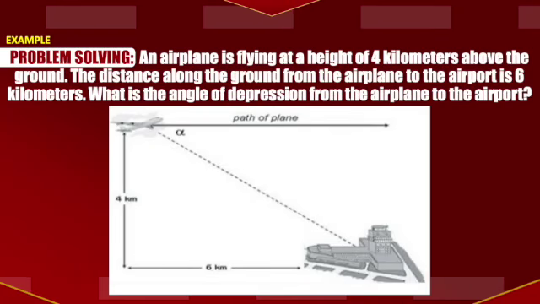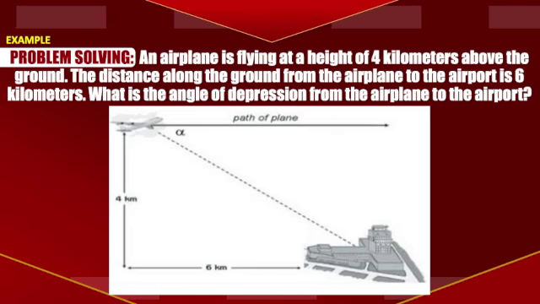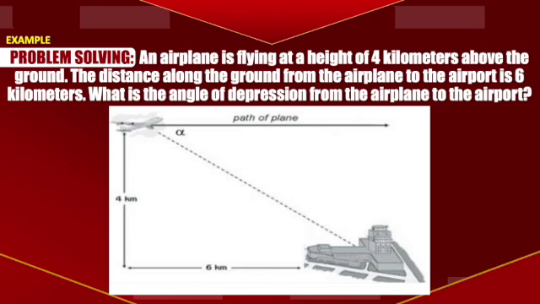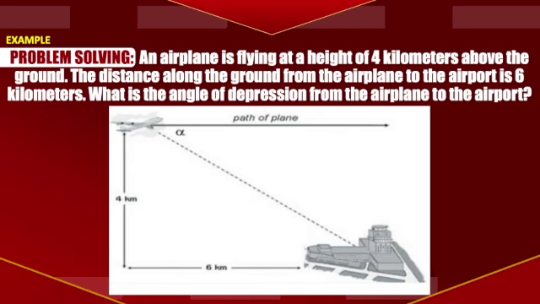Example problem solving: An airplane is flying at a height of 4 kilometers above the ground. Meaning, we're talking about an airplane which is high above the ground. From the ground going up, the distance between the airplane and the ground is 4 kilometers. So that would be the height.